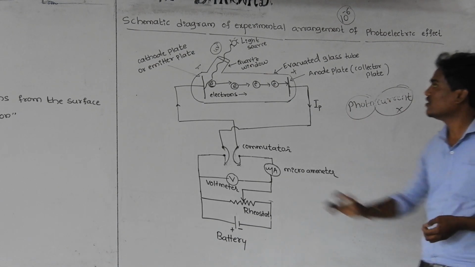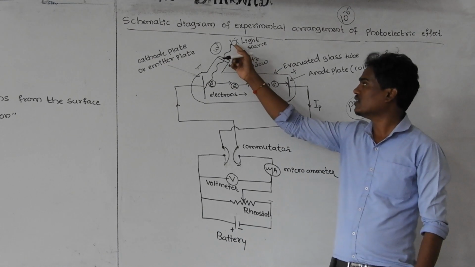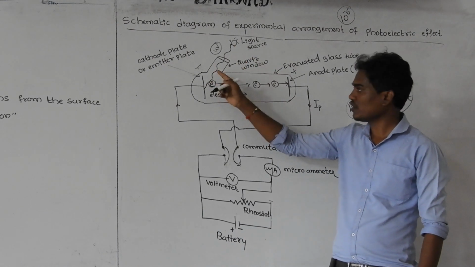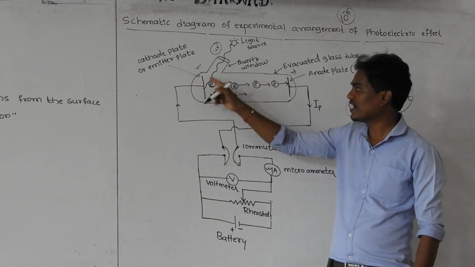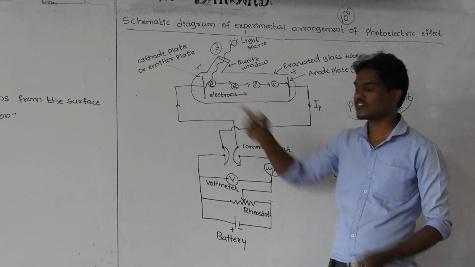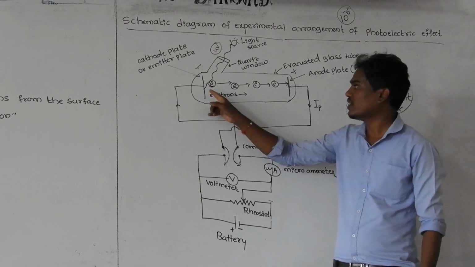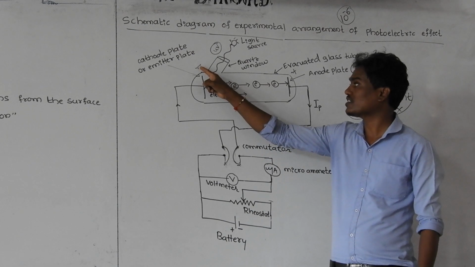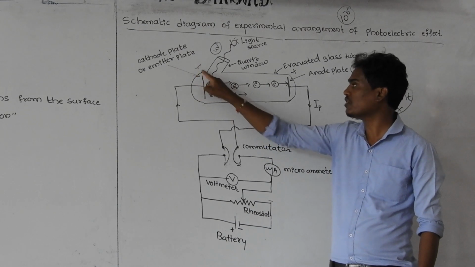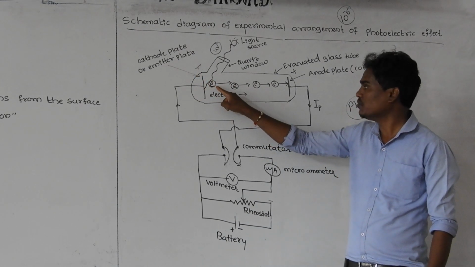Whenever the light enters the tube and falls on the emitter plate, which is photosensitive, suddenly there is ejection of an electron from the metal. This potential is positive because the connection is there. The plate potential is negative, the charge of the electron is negative.